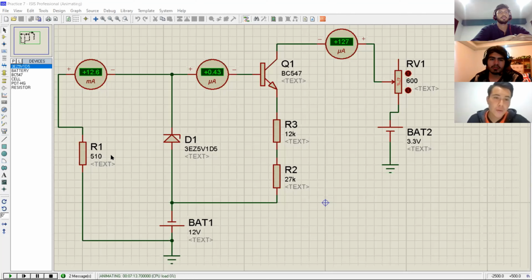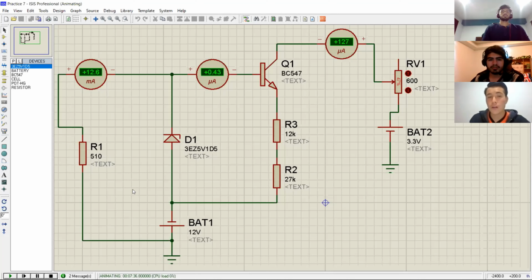Then we proceeded to ensure that we were working in the active region for this transistor. The first thing that we do is connect an ammeter into the base of the transistor, and we calculate the current in the base. Then we calculate the beta of the transistor, the gain, by dividing the current in the collector by the current in the base.